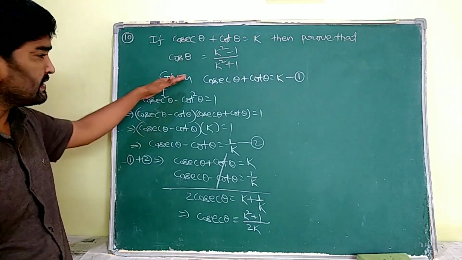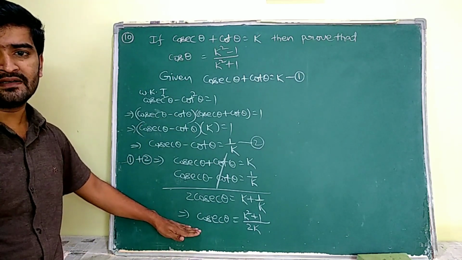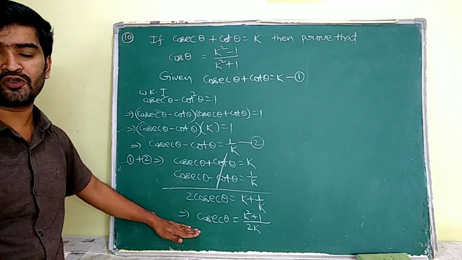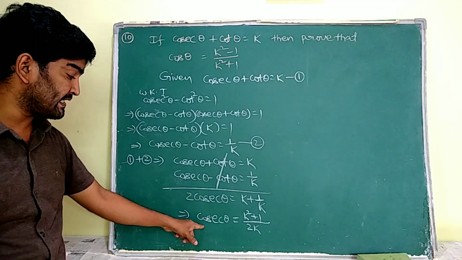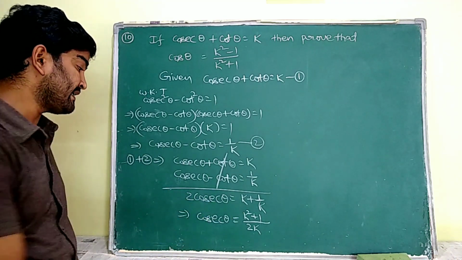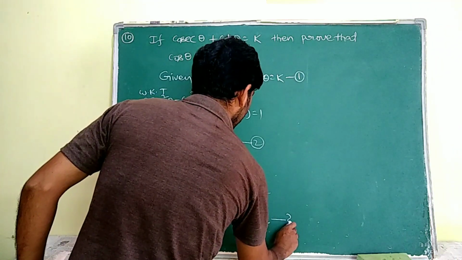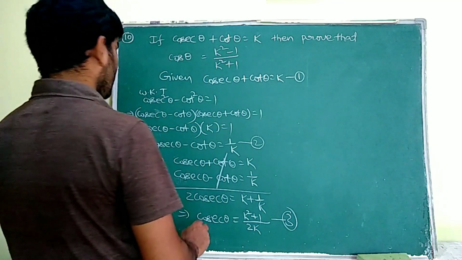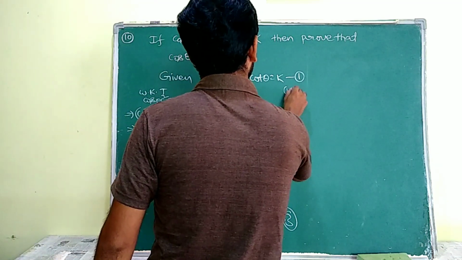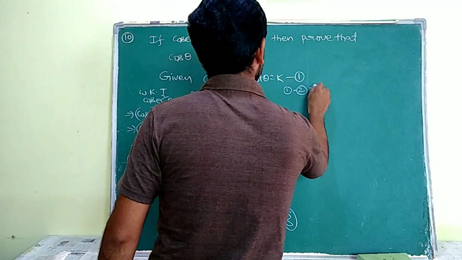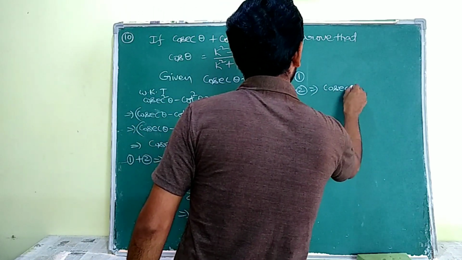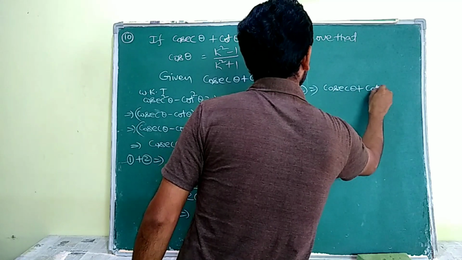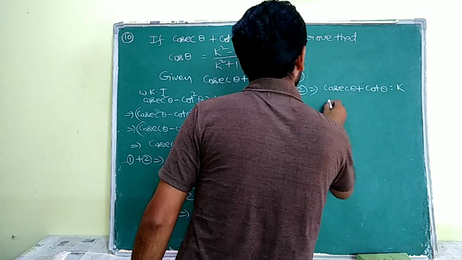Up to this, the same procedure we are going to use for this method 3. So by adding 1 and 2 we obtain cosecant theta is equal to k square minus 1 by 2k. Let it be 3. Now subtract 1 and 2. Doing 1 minus 2, cosecant theta plus cot theta is equal to k.